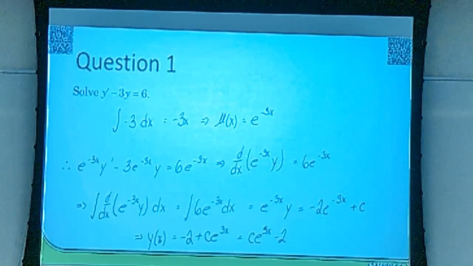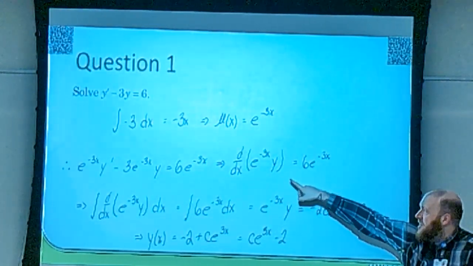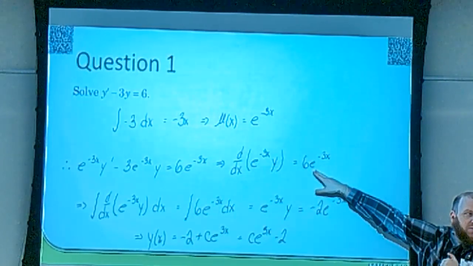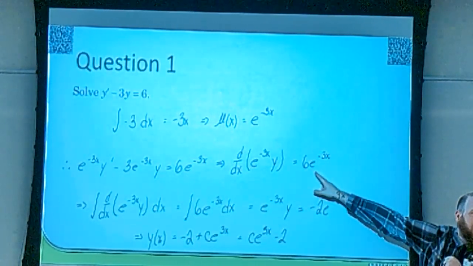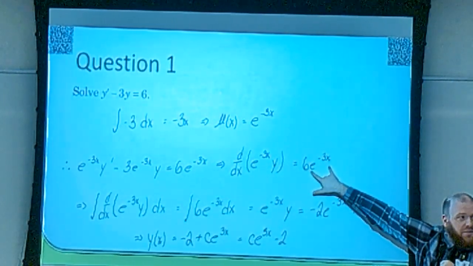In other words, the derivative of e to the negative 3x times y equals 6e to the negative 3x. So what's the original function? The antiderivative.